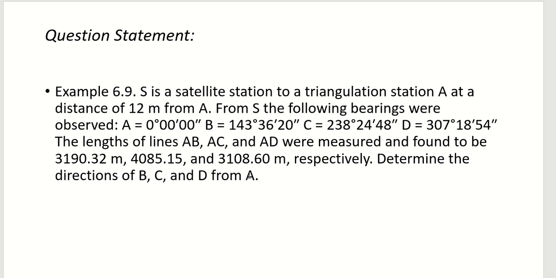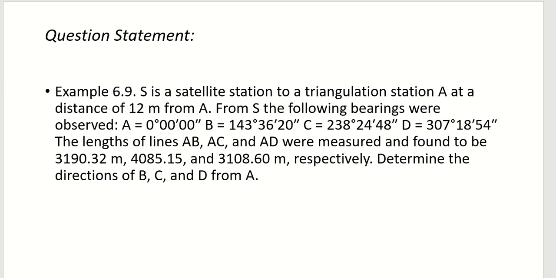The baseline distance SA is 12 meters, and the distances from the triangulation station, AB, AC, and AD, are measured. The bearings from the satellite station of the three points B, C, and D are theta 1, theta 2, theta 3, and we have to determine the direction of B, C, and D from A. That means we have to determine the bearings of B, C, and D measured from station A.